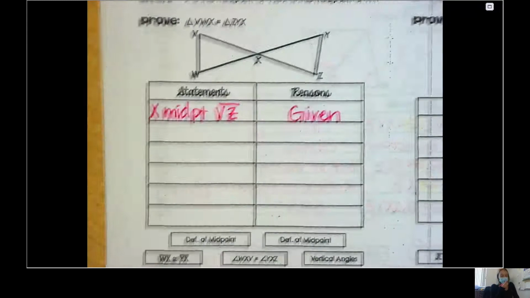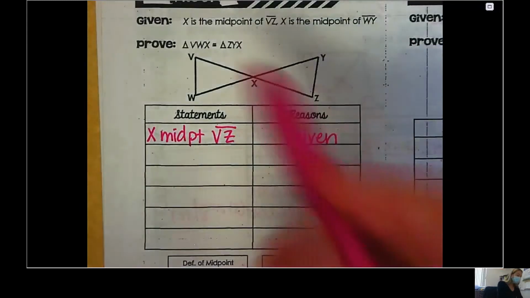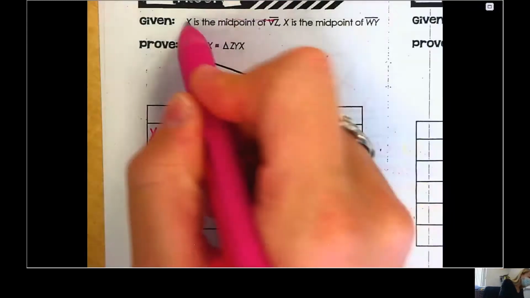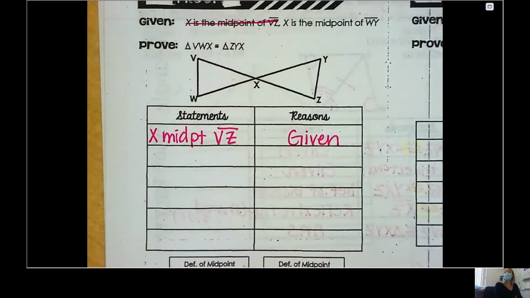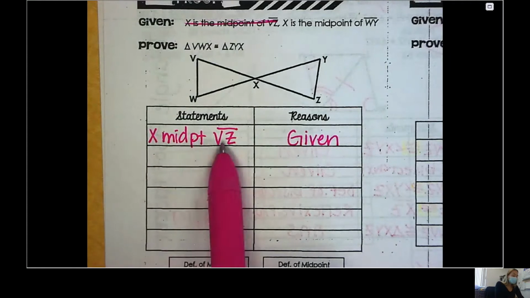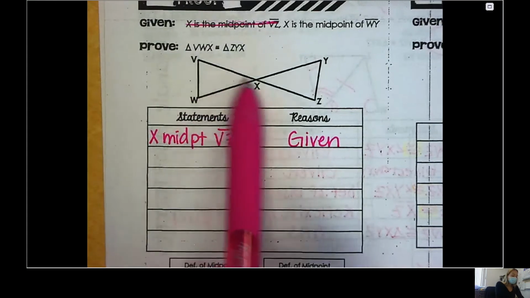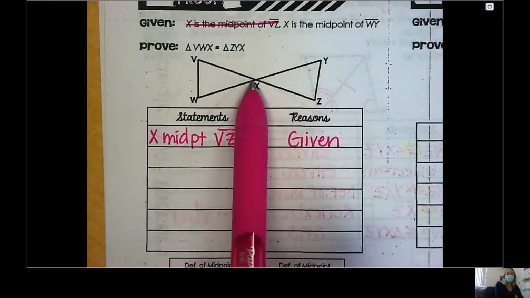Now, before I write my second piece of given information, I'm going to use this piece of information first. You can put the givens first if you want. You can put them both in a row. That's fine. Or you can do piece by piece. I like to do piece by piece so I don't forget anything. Okay. If X is the midpoint of VZ, here's VZ. X is the midpoint. What does that mean?